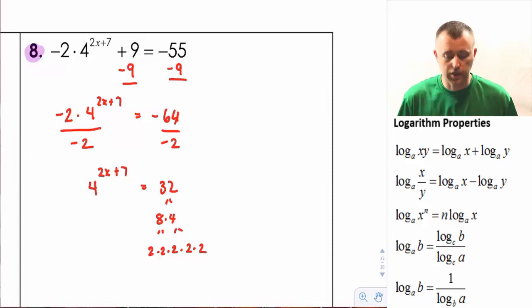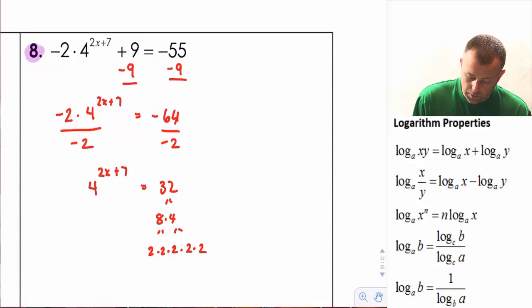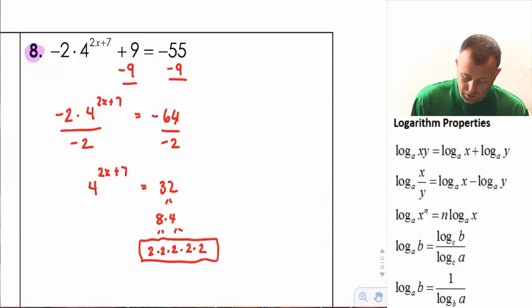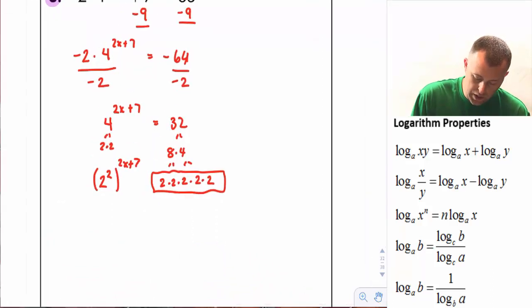So in a situation like this, remember, if you can break the bases down so that they're equal, feel free to do that because this would still work. So if I did this, 4 is 2 times 2, so this would be 2 squared raised to the 2x plus 7. So if I was going to solve it this way, I'd have 2 to the 4x plus 14 equals 2 to the 5th.